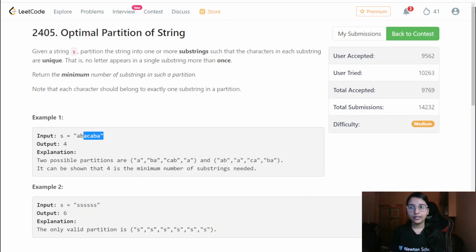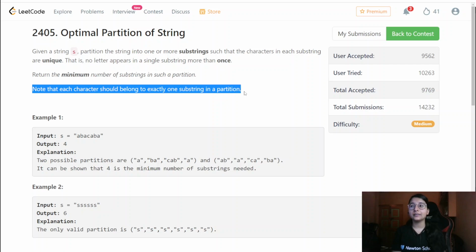Whatever string is given to us, we need to return the count of those substrings, and if we pick any substring, it should have no repetition. So note that each character should belong to exactly one substring in a partition.